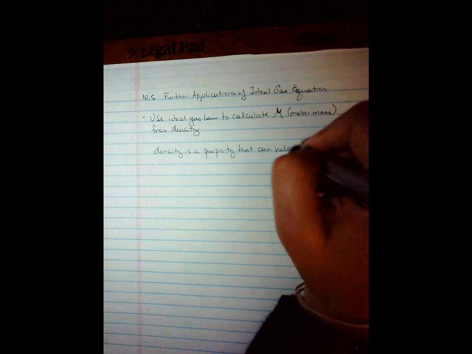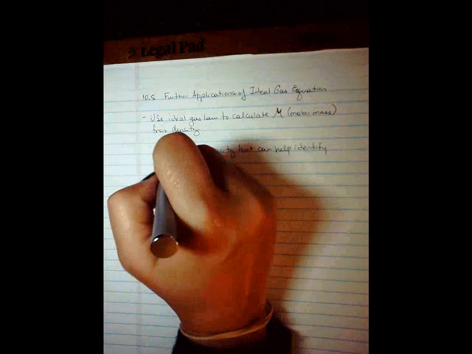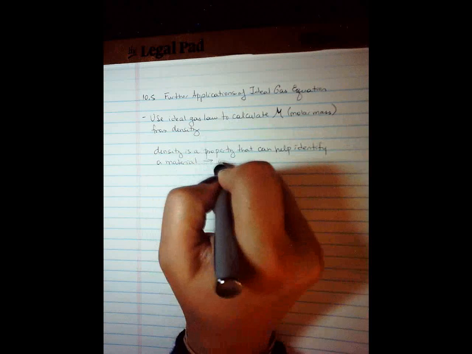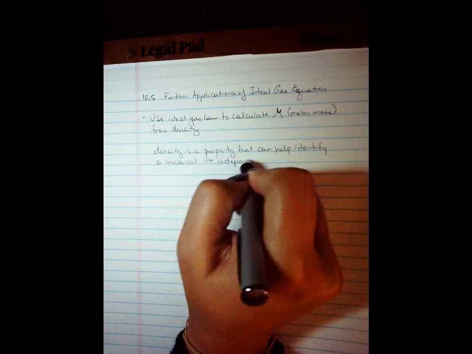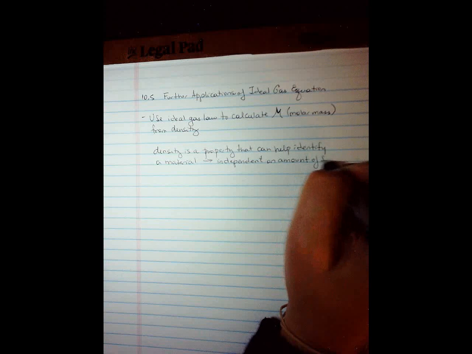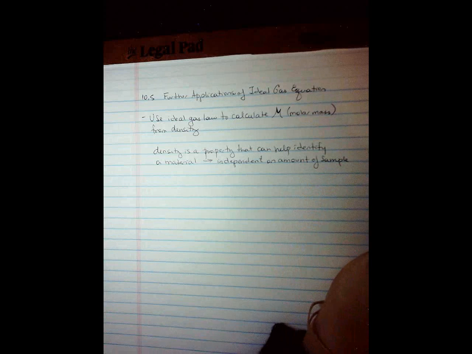Why can it help you identify a material? What's that, Adit? Right, because it's independent of the amount of the sample. So it's an intrinsic, or actually it's an intensive physical property. We call them intensive.